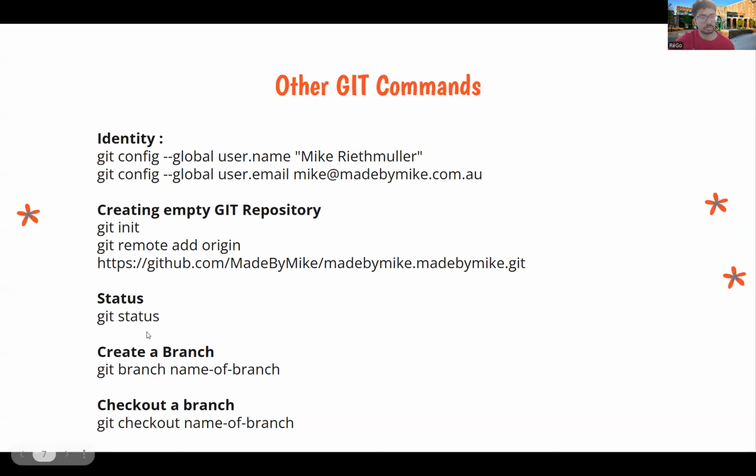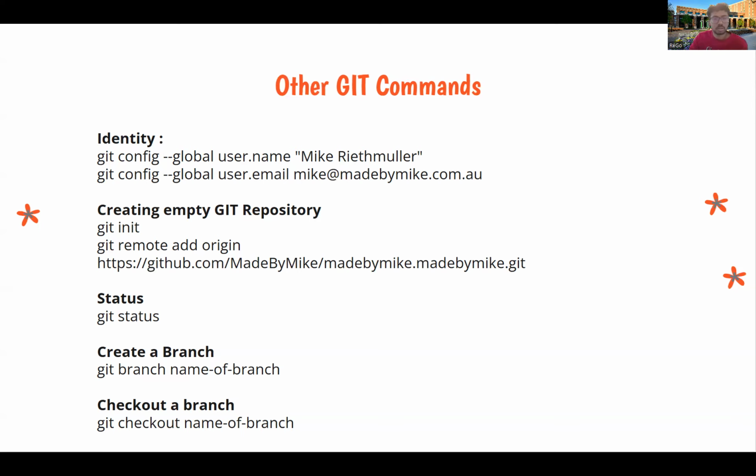Git status is one of the most useful commands, I feel. You can see whether something is staged, whether it is committed, what exactly is happening. Git branch will effectively create a new branch: git branch space name of the branch.